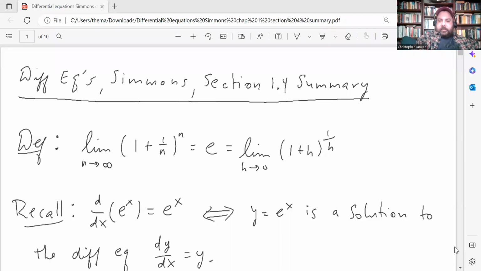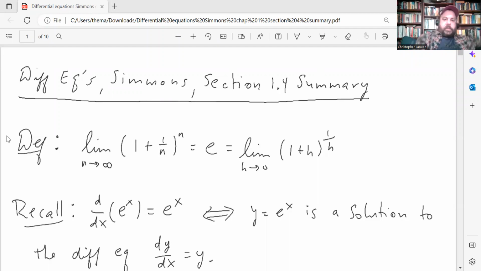I've already done the work for that, so I'll make a video about the exercises after I do this one, I think. So let me bring up my notes for the summary, and we'll get into this. Let's move my camera out of the way.